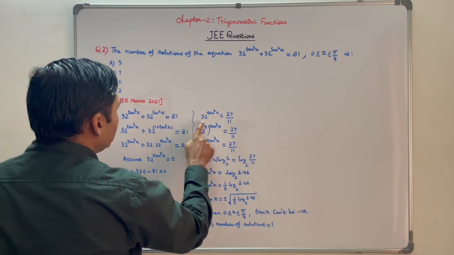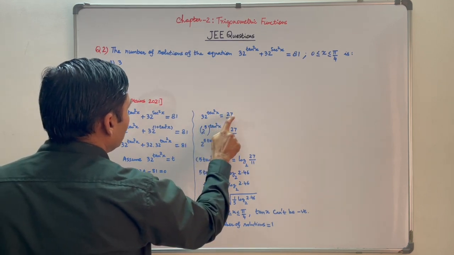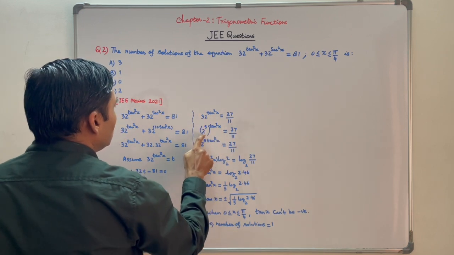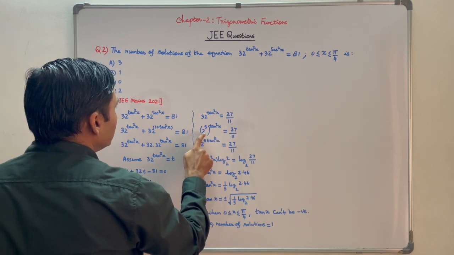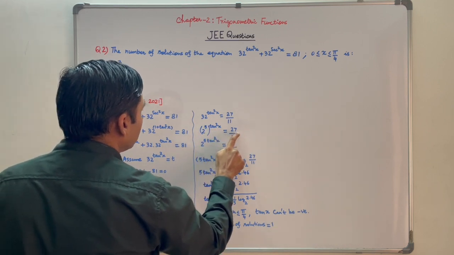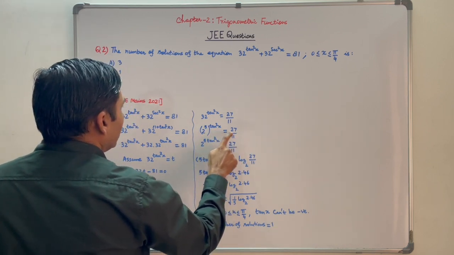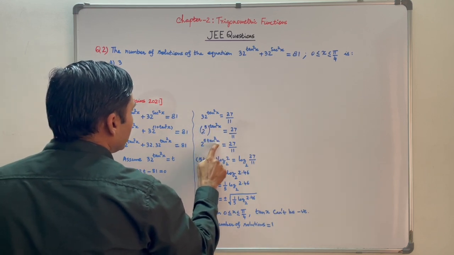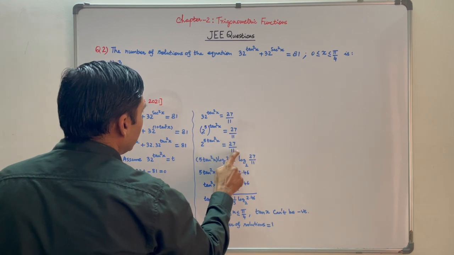It means 32^(tan²x) = 27/11. We can write 32 as 2^5. So it becomes (2^5)^(tan²x) = 27/11. Powers can be multiplied. So 2^(5 tan²x) = 27/11.